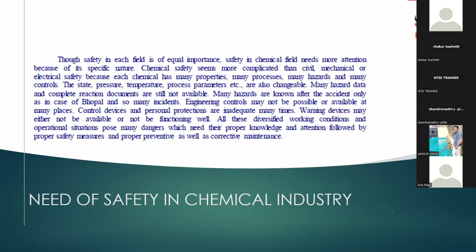Without knowing which chemical it is and its properties, we cannot take any action on it. Why? We don't know what it is. There are some chemicals which may be water reactive also. If it is a water reactive chemical, what will happen?